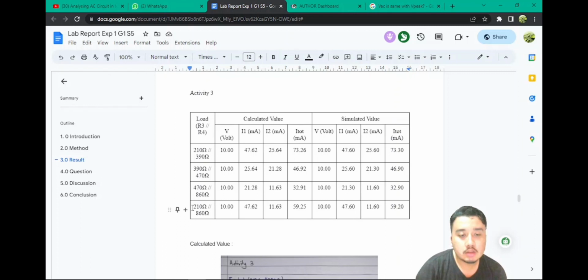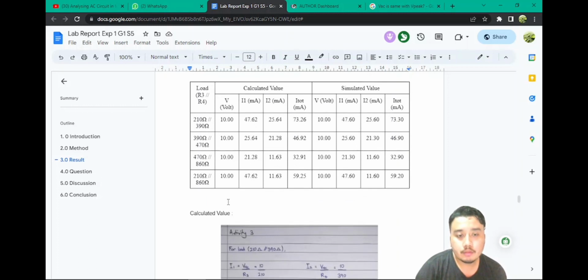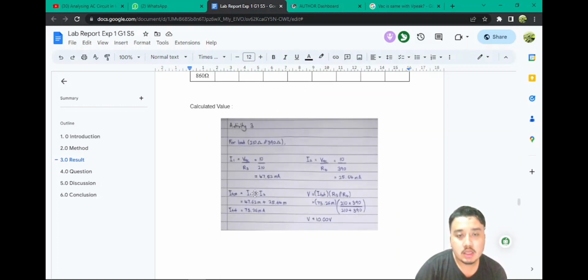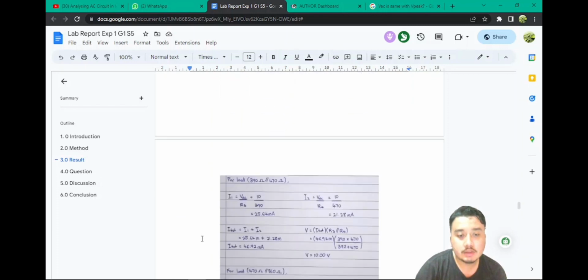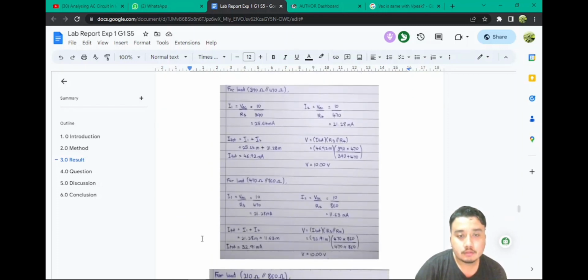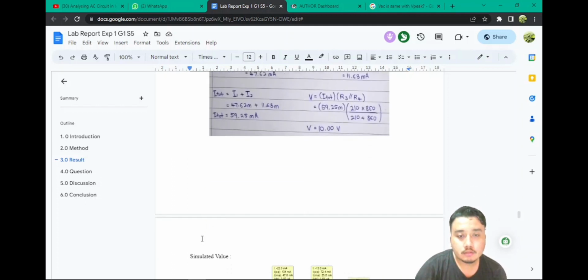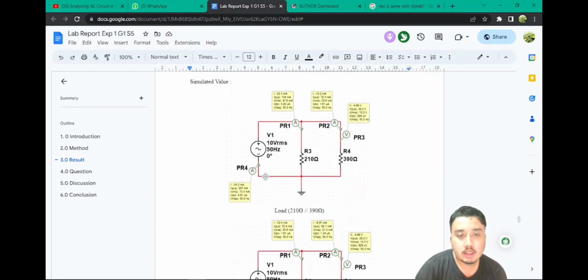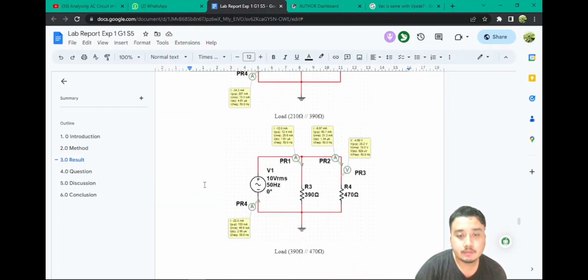And the last one is 210 ohm parallel with 860 ohm. And then this is the hand calculation for activity 3, and this is the simulated value for activity 3.